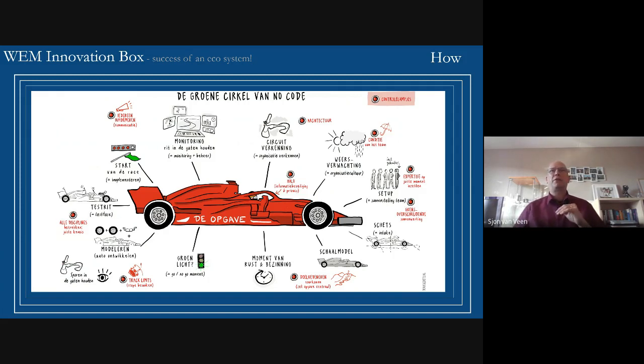I don't know if you can see my mouse, but on the middle top it says circuit recognition. So the first thing you need to do is ask, what is the organization about? What is the culture? What is the structure? What is the architecture needed? Like recognizing the circuit on a Formula One track, you need to know when to go where.